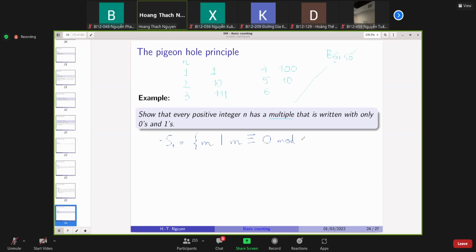Do you know this notation? This notation reads m is equal to 0 modulo n.